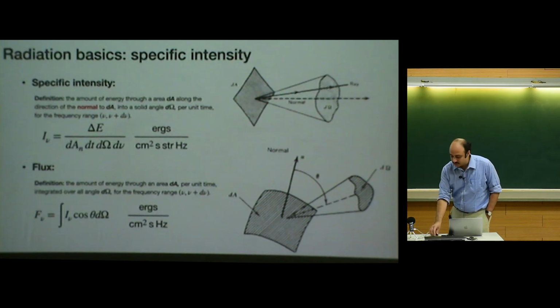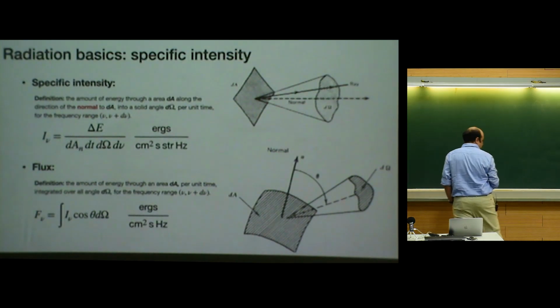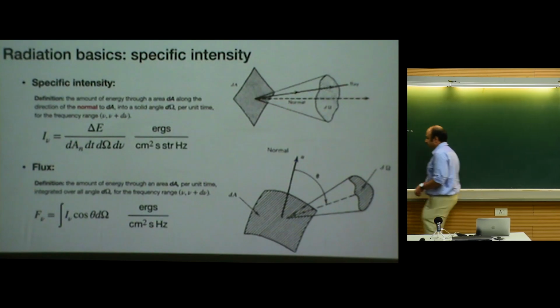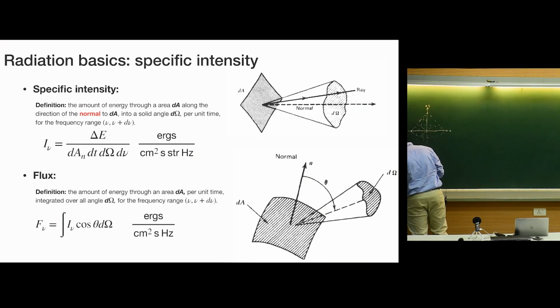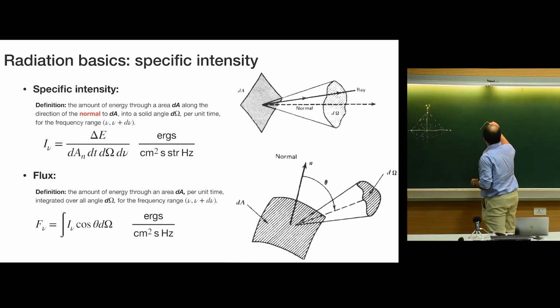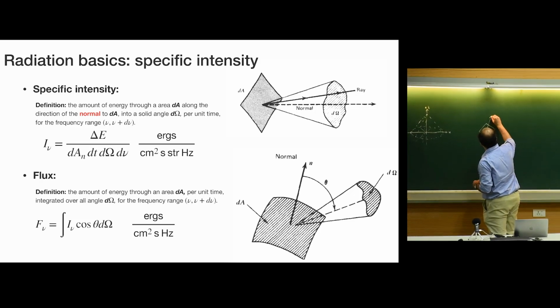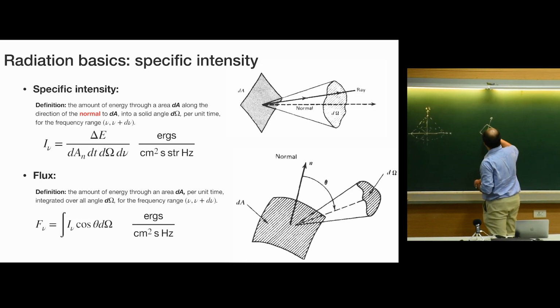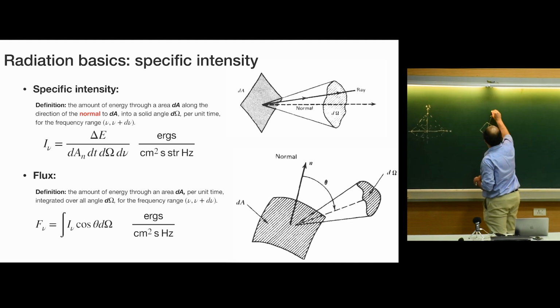So suppose, what happens if an arbitrary area, so this is the direction of the surface, normal to the surface. But you want to find the intensity along this direction.